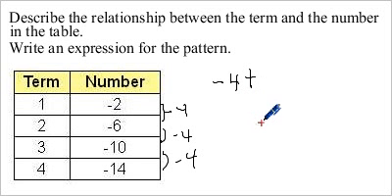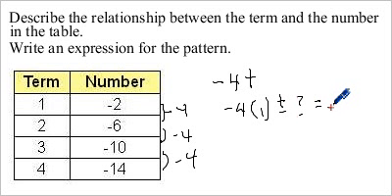So to find the constant, let's just take an example and plug it in. We have to do something to this number to get this number. We have to multiply it by -4, so -4 times 1, and then we need to add or subtract our constant, which we don't know what it is, and we need to end up with -2.